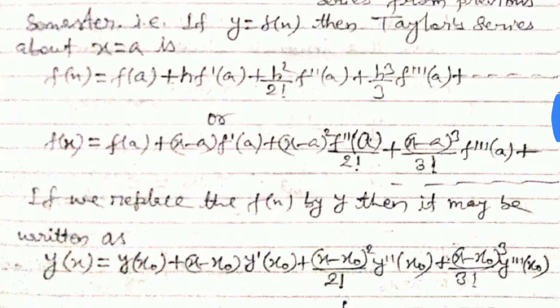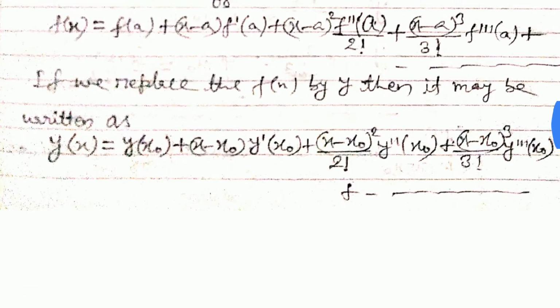Similarly, if we write it about x is equal to a, then f(x) is equal to f(a) plus (x minus a) times the first derivative plus (x minus a) to the power 2 by factorial 2 times the second derivative of f, and similarly.